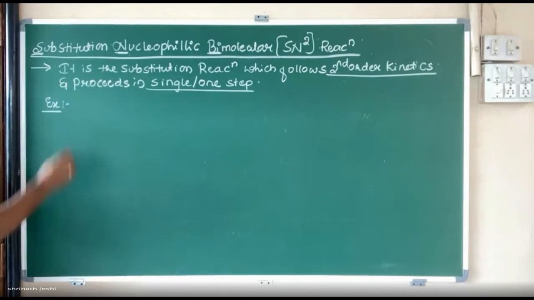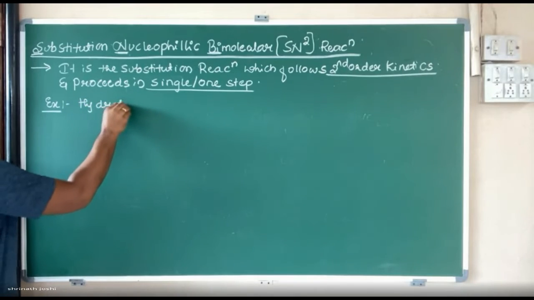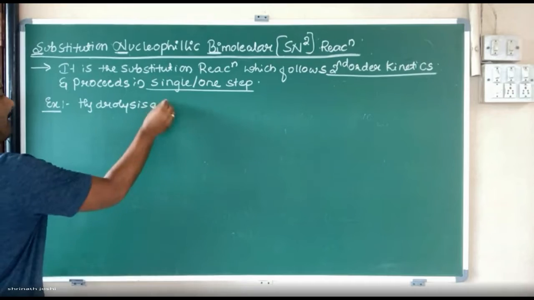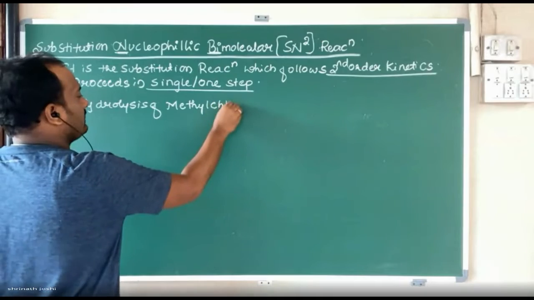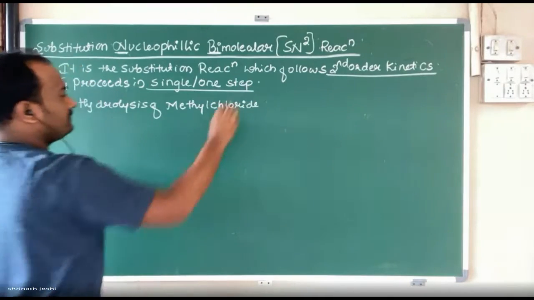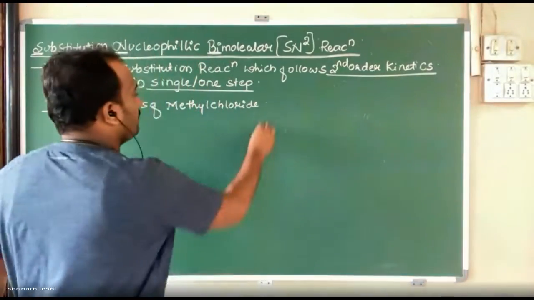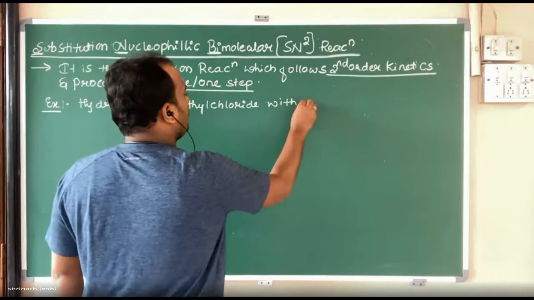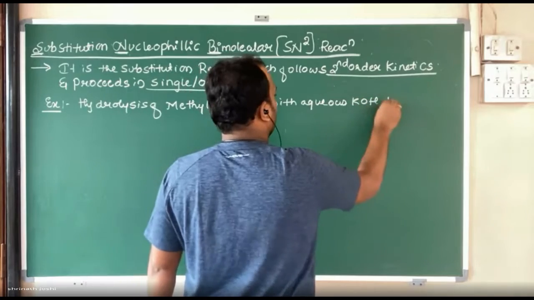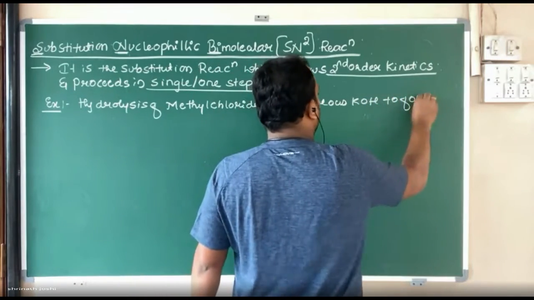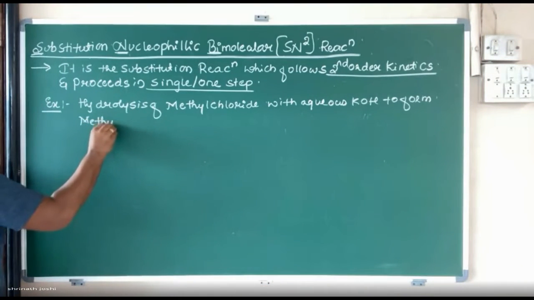Below you write example. Hydrolysis of methyl chloride with aqueous KOH to form methyl alcohol.